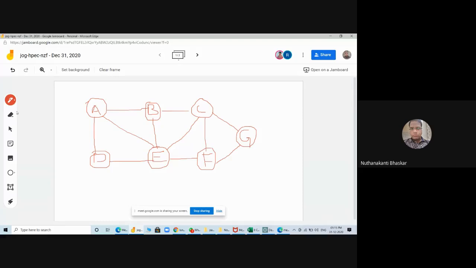Someone will start from D, someone from B, someone from F. Finally, we need to produce the spanning tree. That is the formula, but don't expect everyone to get the same outcome. Understand what I am telling?